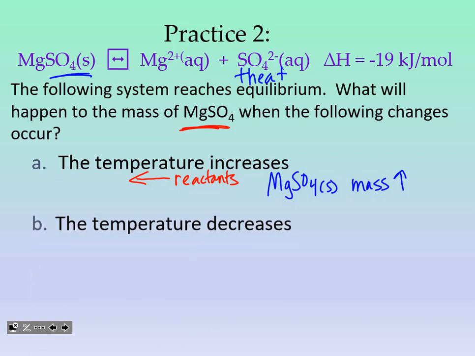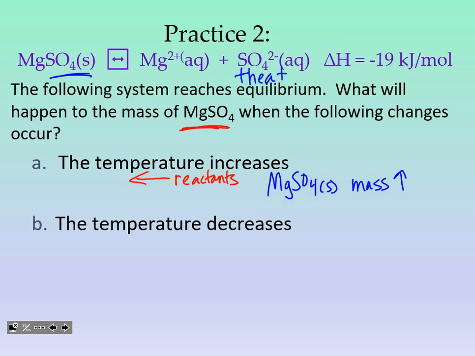So let's look at this one. We decrease the temperature. Now we're putting it in the refrigerator. We're submerging it into another beaker of ice water or something. We are cooling it down ourselves. So basically, decreasing the temperature is removing heat. So what's happening?